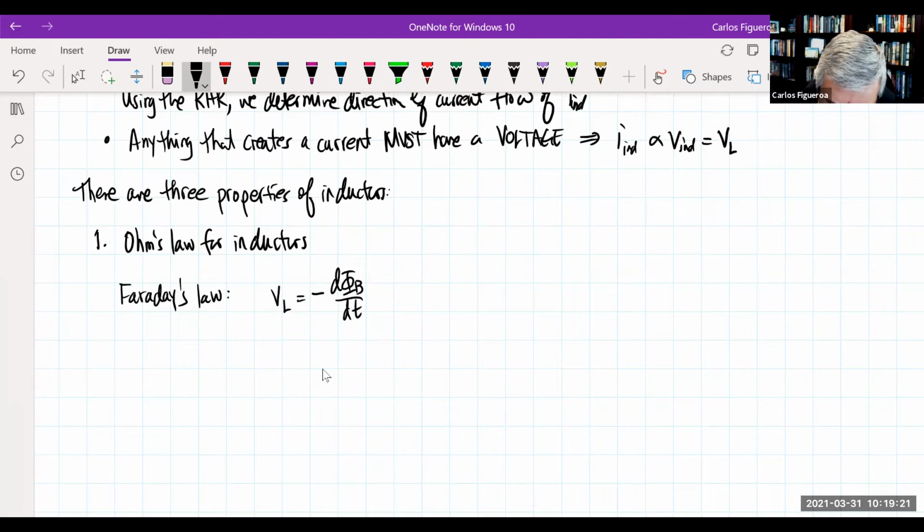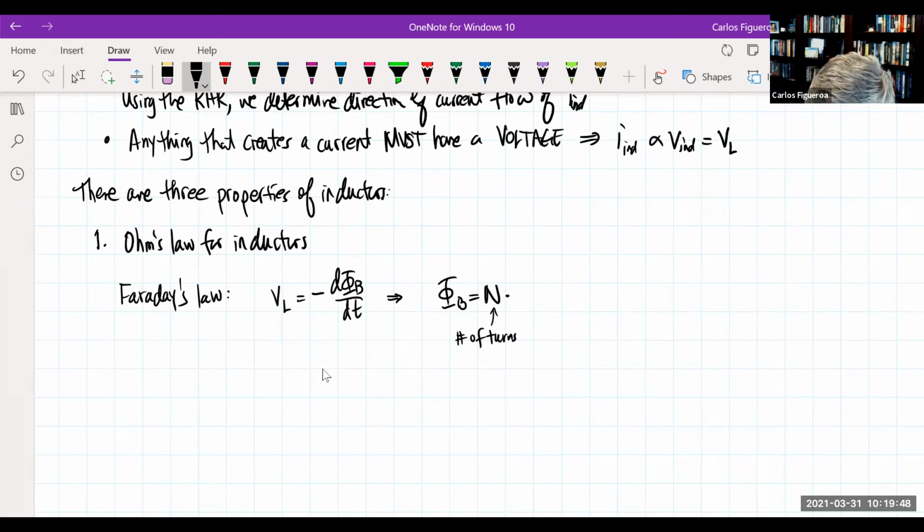So what we do know is that flux depends on what? It depends on the number of turns of the inductor.